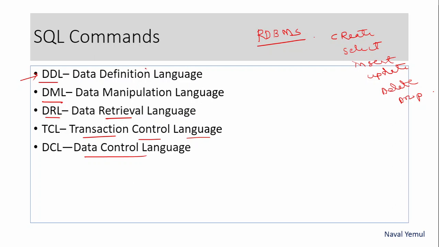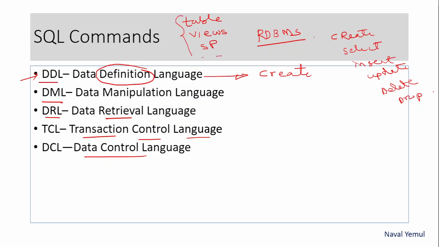When you talk about data definition language, the commands in DDL will be like create, like we are defining a new database, or a new object of a database. What are the objects of a database? They can be your tables, your views, your stored procedures, and so on.